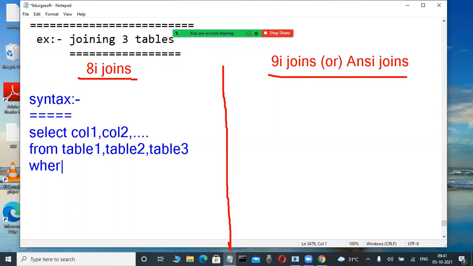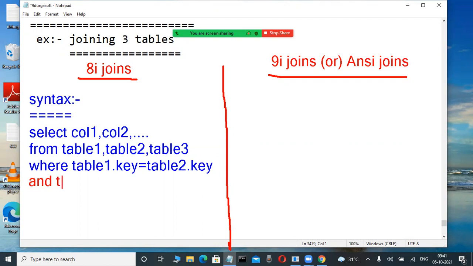Here is the where clause: where table 1 dot key, more conditions here, is equal to table 2 dot key. Here the AND operator. Here the ON clause is different.